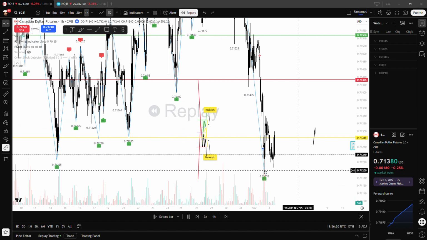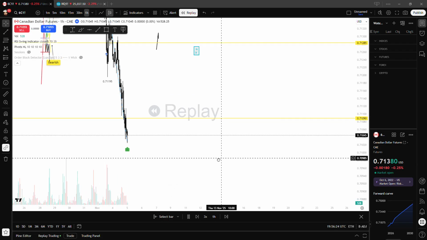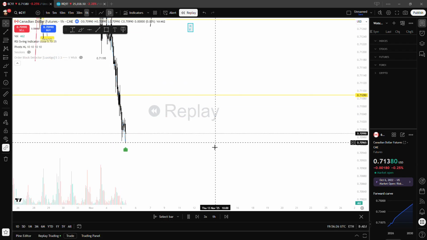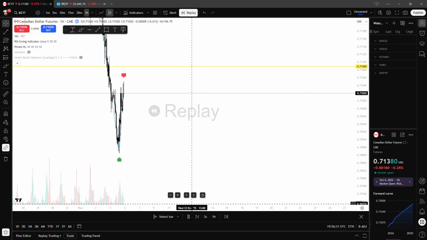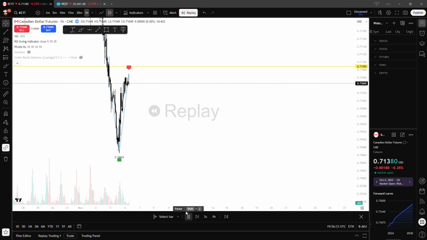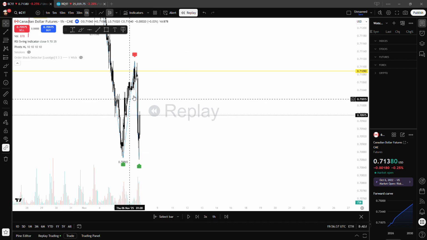So wait for it to break out of a level. Let's wait for it to consolidate and break out, come back, and we're gonna go back in once it goes. And wait for it to come back. Okay, that's our indication.